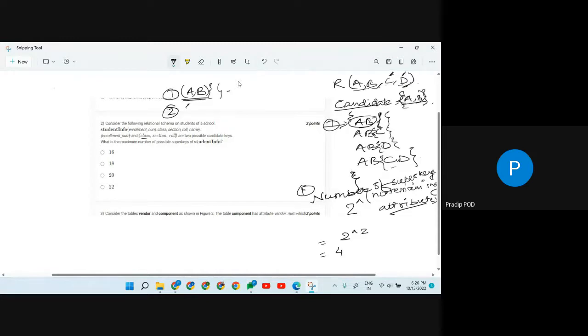Then your second is A, B, then A, B, C is possible, right? Then A, B, D is possible, and A, B, C, D is possible. Right. So these 4 will be super keys.